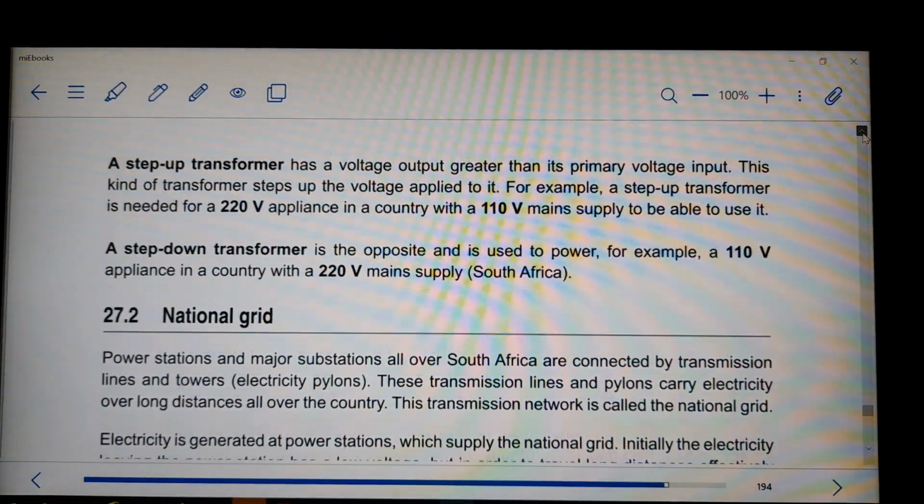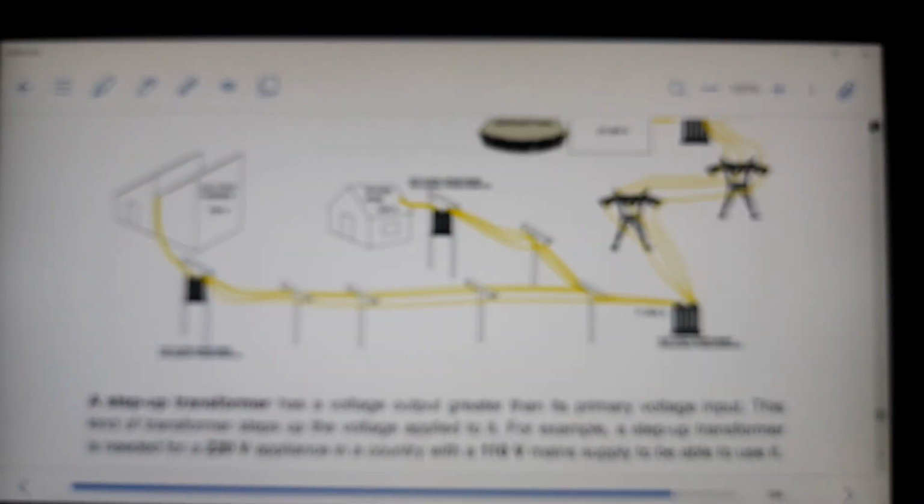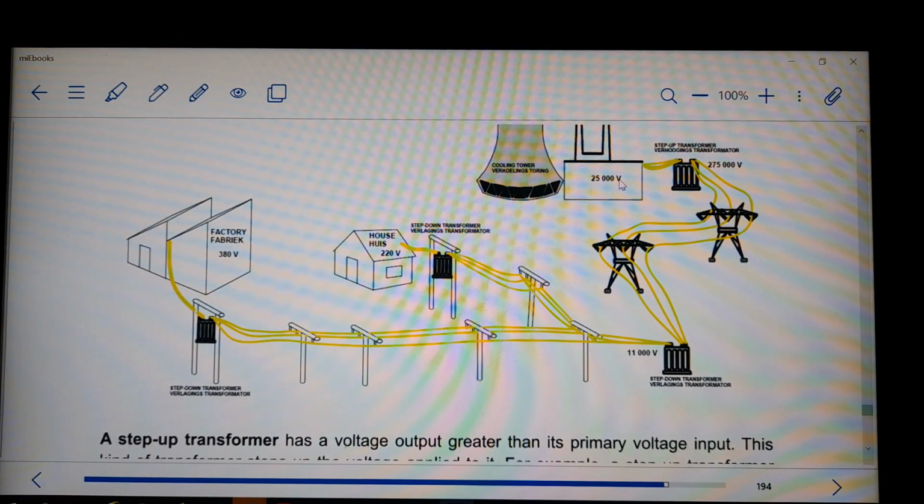So you see, when electricity leaves the power station, we step it up so that it can move faster and safer in the transmission lines. When it gets to our substations, we step it down to 11,000 volts, then it can go to our factories and our houses.